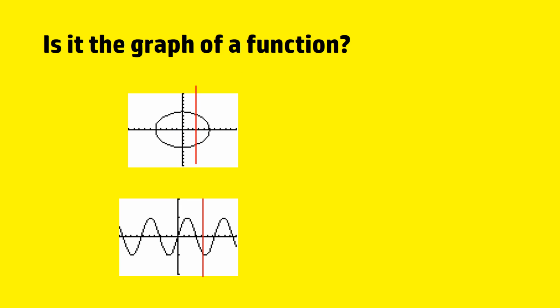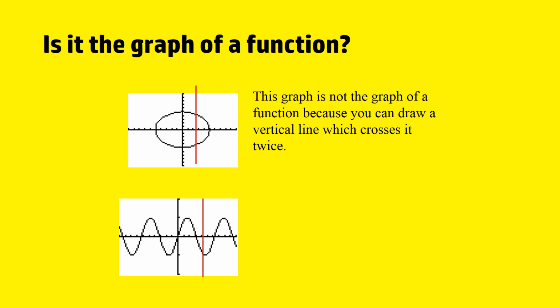Do we have the graph of a function here? Well, I don't think so, because these are the x values, that's the x-axis. Here's an x value for which there are two different y values. And so that can't happen for a function.